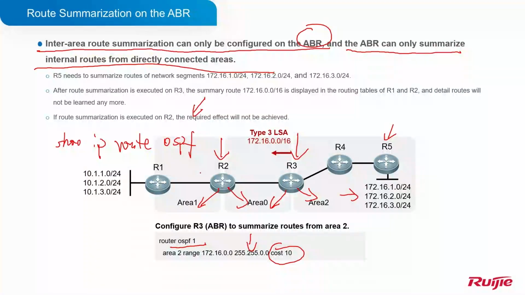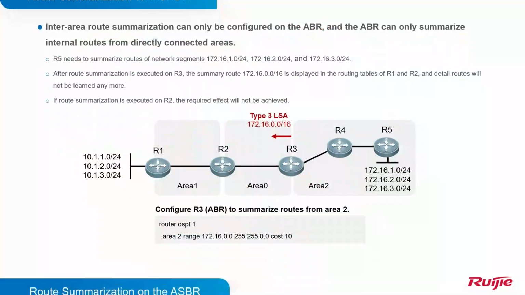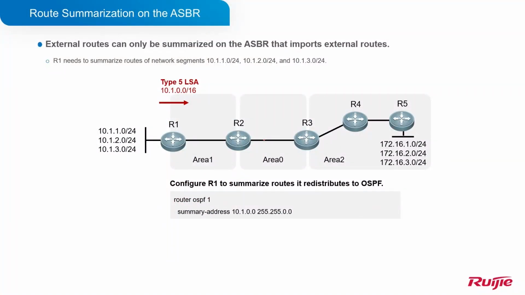Okay, let's go on to the next page. This page introduces the second scenario for summarization. We can do route summarization on the ASBR device. Here in this topology, we can see which device is the ASBR device.